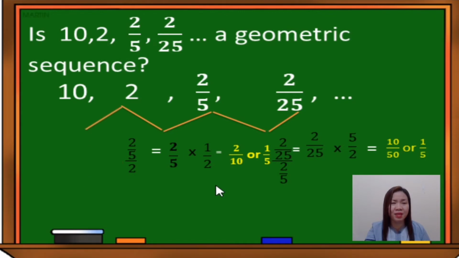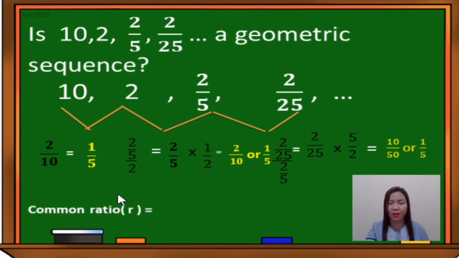Now we have 2 over 10. We can get the common factor of that and divide both numerator and denominator by 2. The simplest form is 1 over 5.